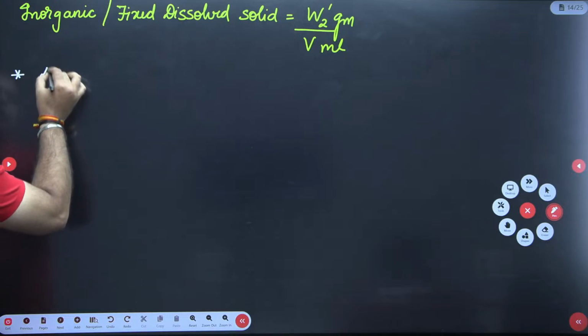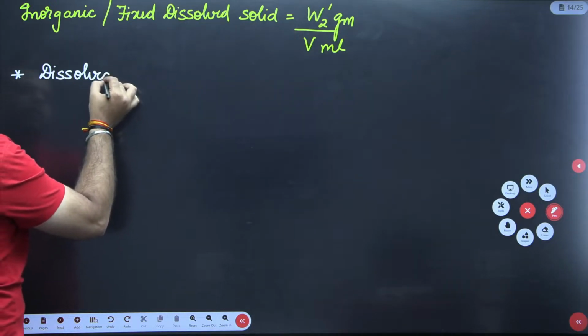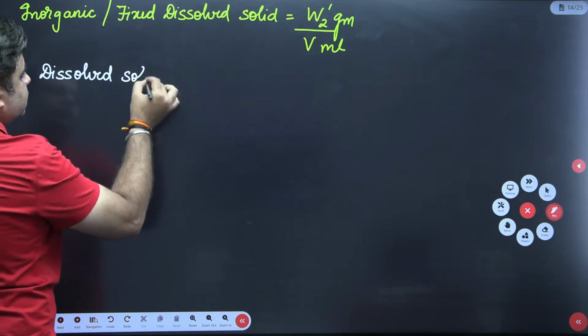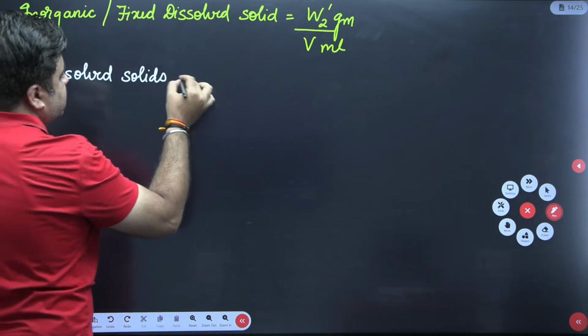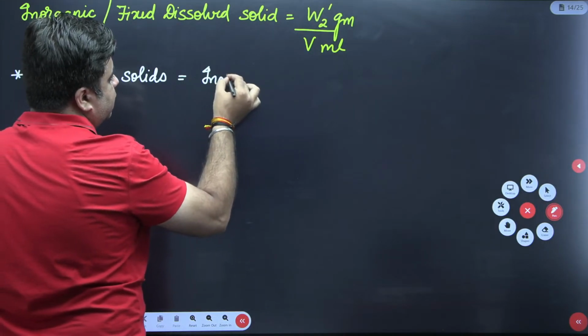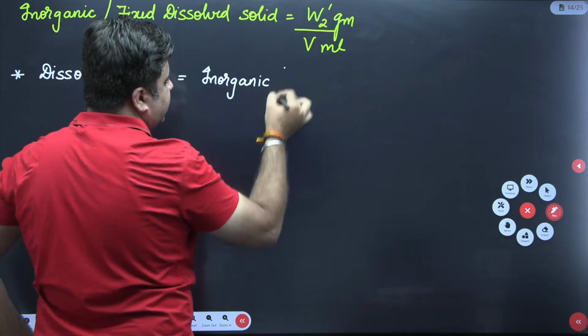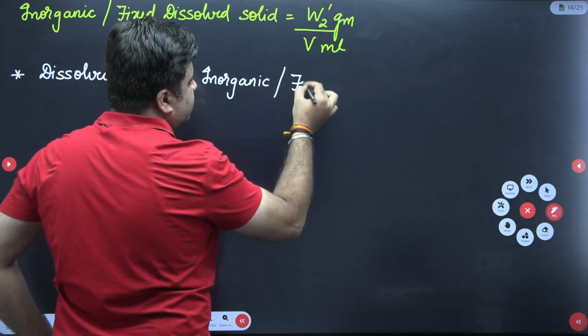So dissolved solids is equal to the sum of inorganic. I am writing all the terms, so if any term comes in the examination, you are not confused.